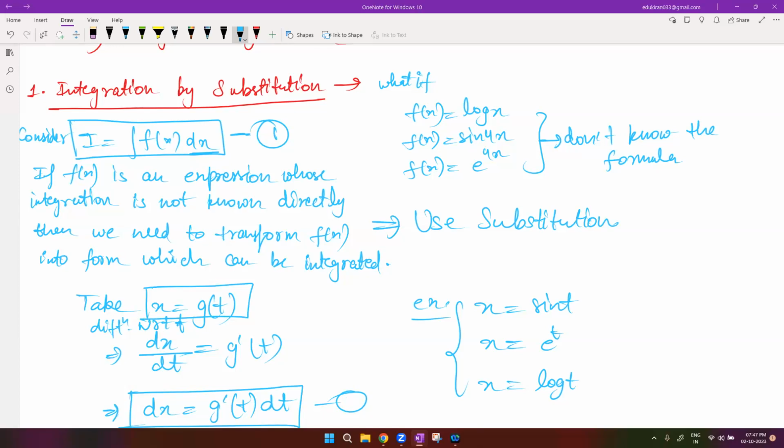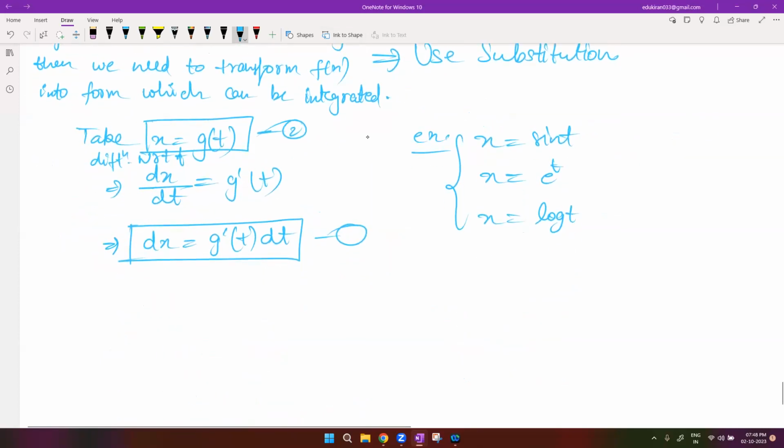For this method, first you have to differentiate, then integrate. To find the integration of f(x), we will replace x with some function g(t), and then we find dx. We have to replace dx also. In place of x we will use g(t), and in place of dx we will use g dash t dt. So we will use second and third in first.